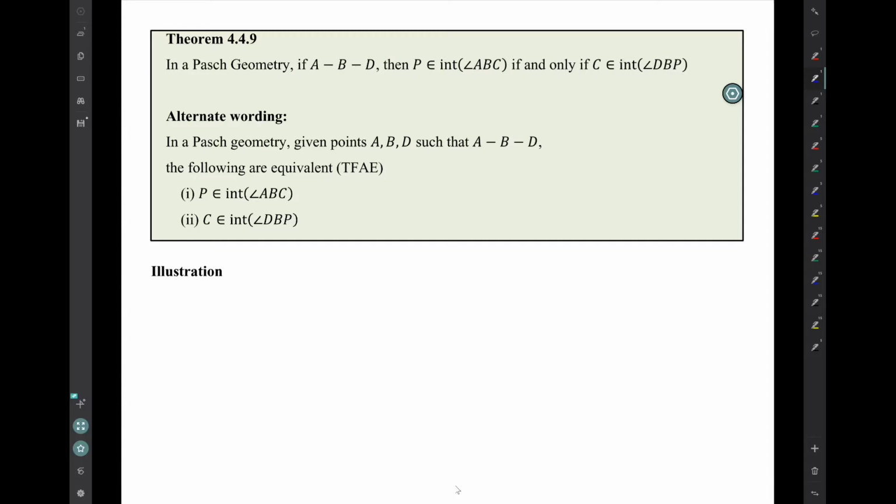It says this, in a past geometry, given points A, B, D such that B is between A and D, the following two statements are equivalent. Statement 1 is P is in the interior of angle ABC. Statement 2 is C is in the interior of angle DBP. So I'll make an illustration of those two statements.